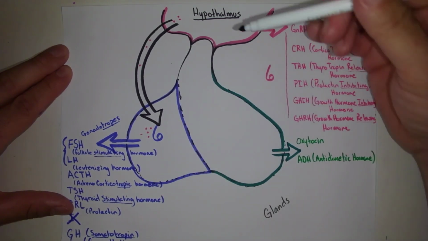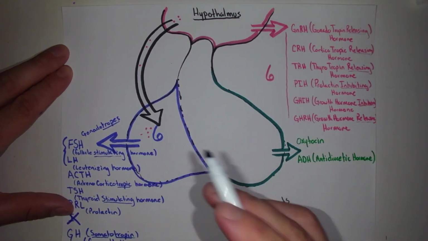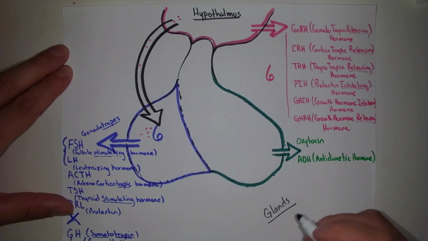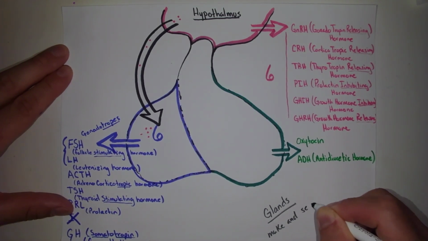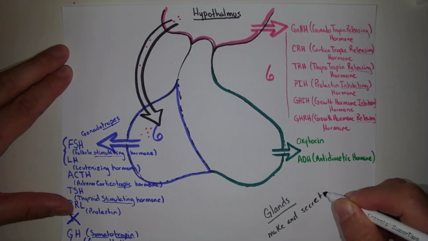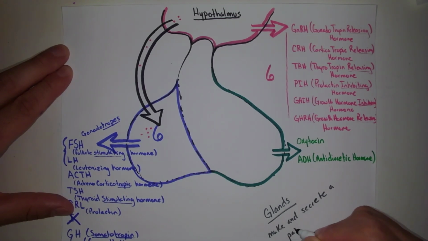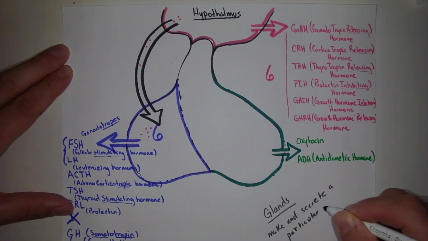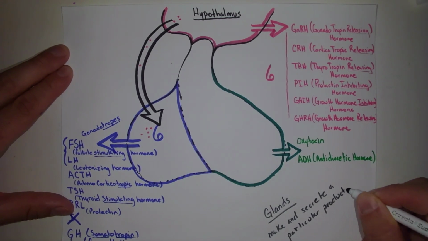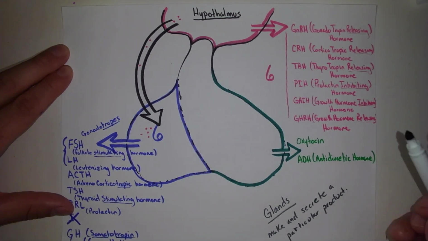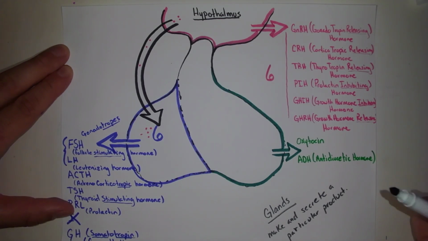The anterior pituitary, the posterior pituitary, the hypothalamus, or even the individual cells. And glands make and secrete a particular product. Okay? Now, the rule is the same cell that makes the product secretes the product. That's always true.